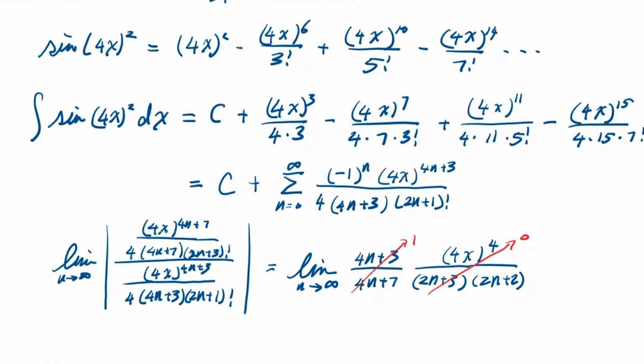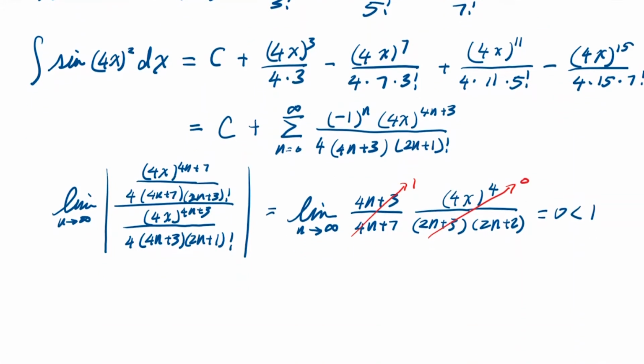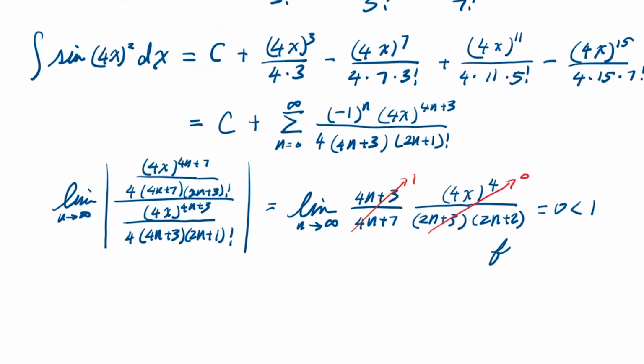You know what I'm saying? So that is equal to 0, which is definitely less than 1, right? For all x that is a real number, which does not include infinity. So our interval of convergence, radius of convergence, which one do you want? In this case, they are about the same, but which one do you want me to write down?